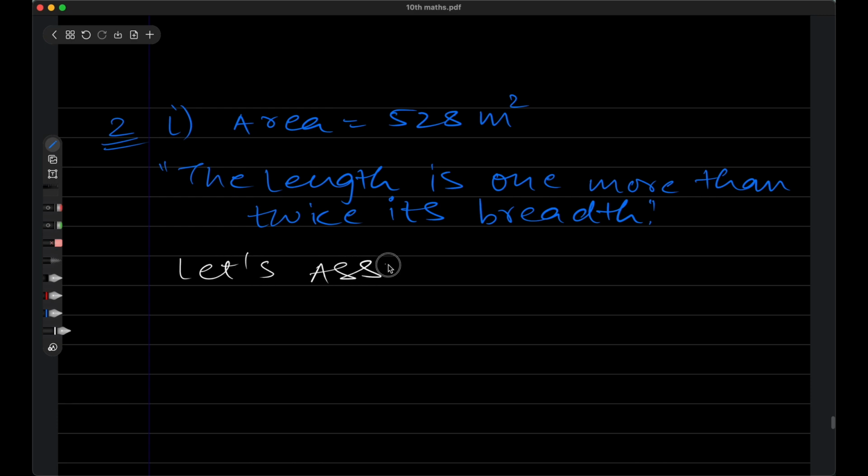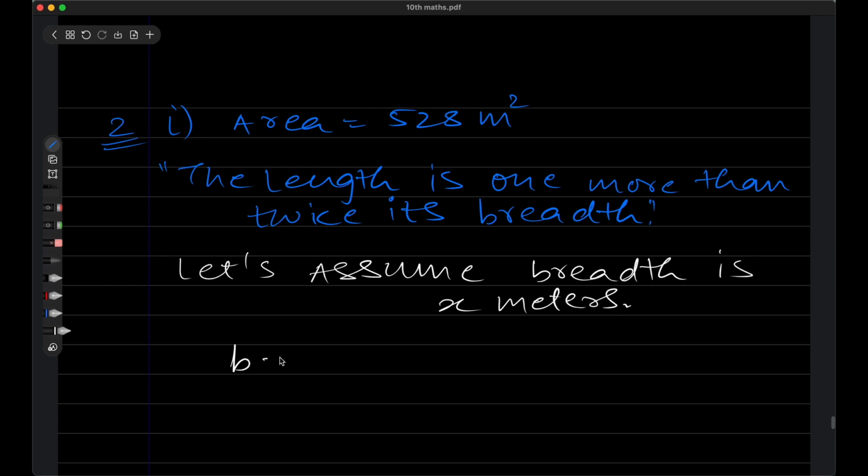Let's assume the breadth is x meters. Breadth equals x meter, so the length is one more than twice its breadth, that is, twice its breadth plus 1.